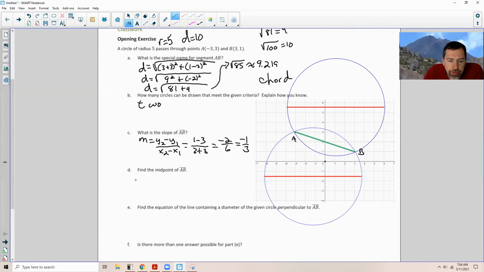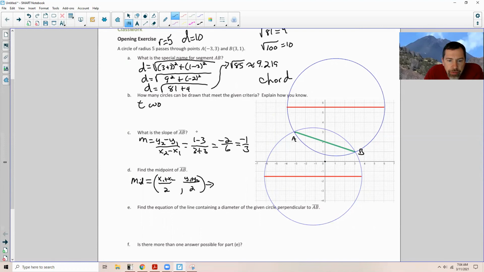The midpoint of AB: midpoint equals... I'm sorry, let's do the x's first, ordered pair. It is going to be a point, x comma y, and it's going to be (x1 plus x2) divided by 2, and (y1 plus y2) divided by 2.